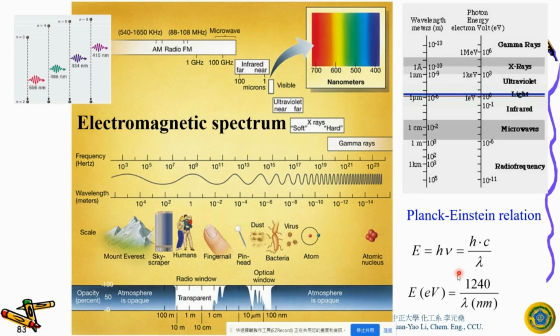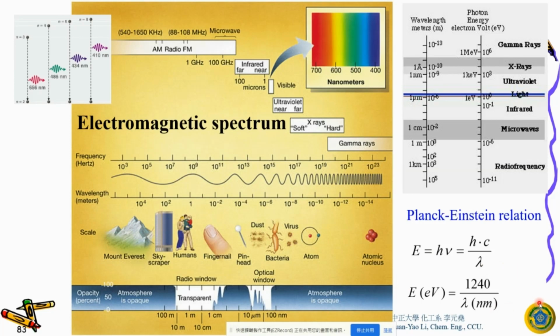So you have the relationship between lambda and E. You know the Planck constant and the speed of light are constants, right? So you put the unit of energy as electron volt and the unit of wavelength as nanometer, and you get this equation. Ladies and gentlemen, please remember this equation. That will make it very easy for you to calculate.